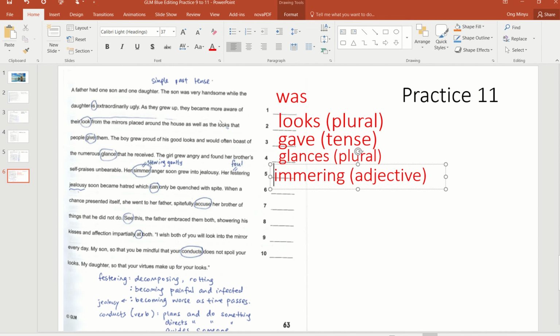Again, should be in small s, simmering. So, simmering anger describes the degree of the person's anger.